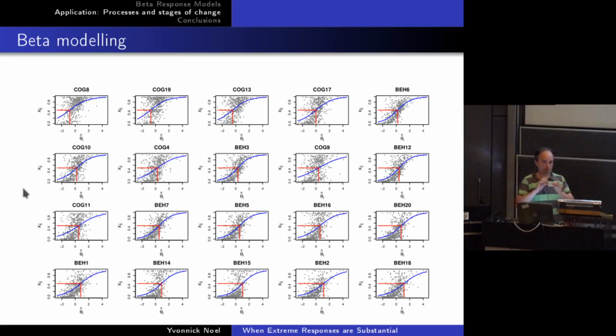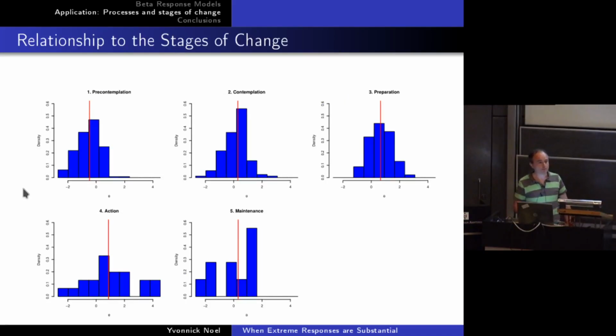Here, the attitude can be interpreted as a kind of readiness to change score. You have a correspondence between these scores and the previously defined stages of change. You can see that lower scores correspond to the first stages and higher scores to the last stages. So it's interesting to note that we have this correspondence.